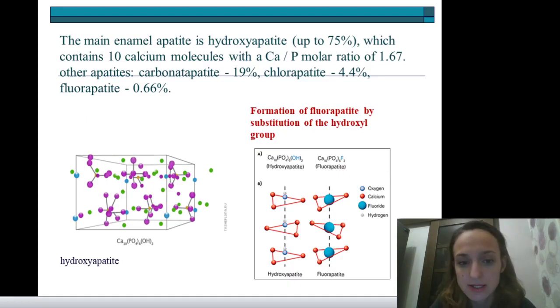Other apatites: carbonapatite is 90%, chlorapatite is 4.4%, and the smallest is fluorapatite, 0.66%. And you can see a chemical picture of the formation of fluorapatite by substitution of the hydroxyl group. Please look at the first picture and the second picture.